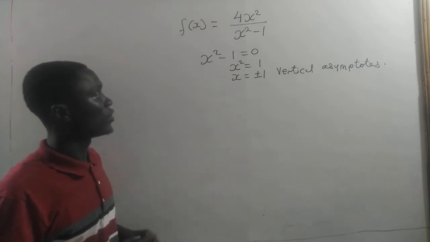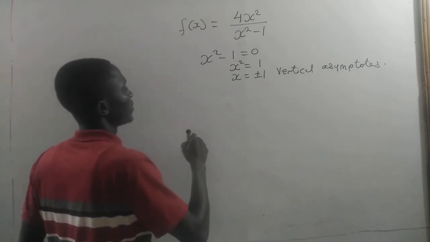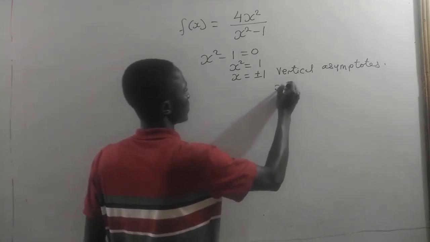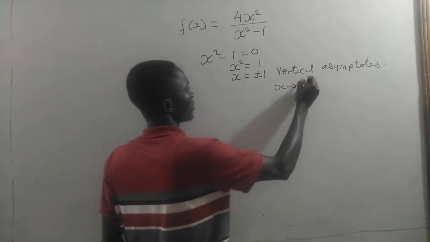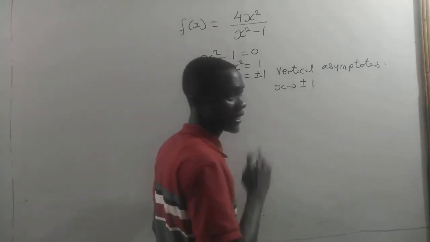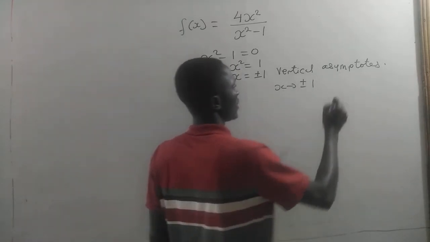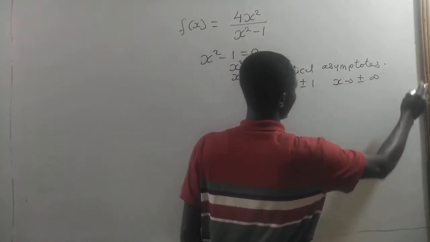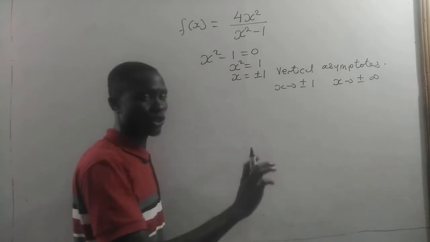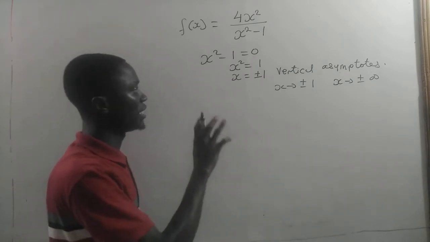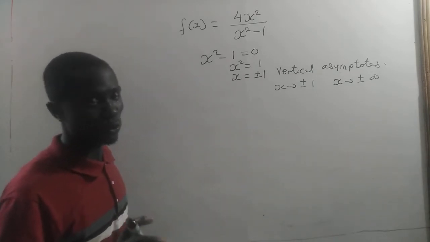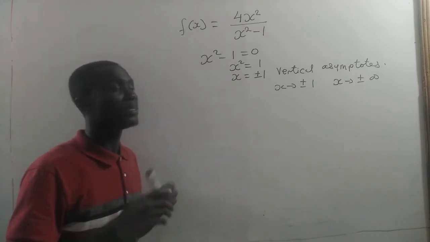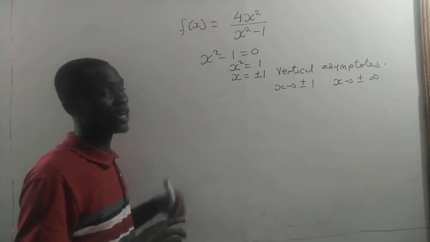So here we will look at as x approaches plus or minus 1, that is for the vertical asymptote, and as x approaches plus or minus infinity, that will give us the horizontal asymptote. So these values will give us the behavior of the graph or the behavior of the function.